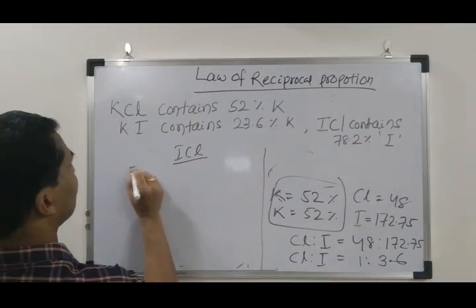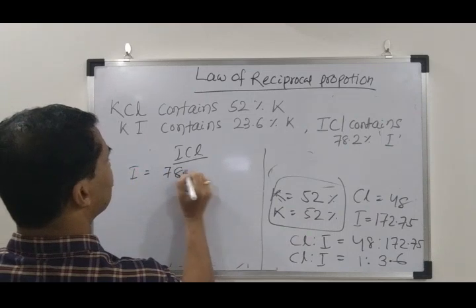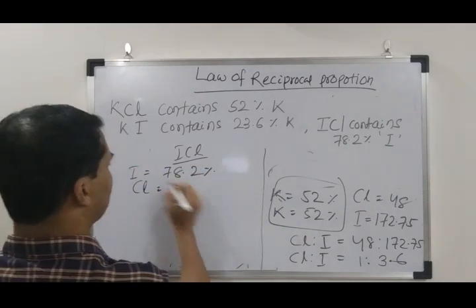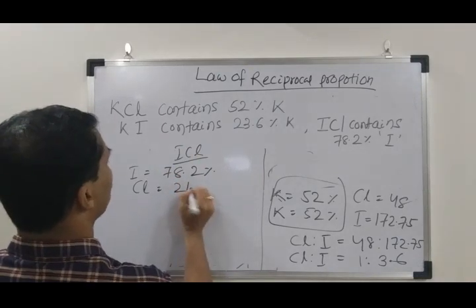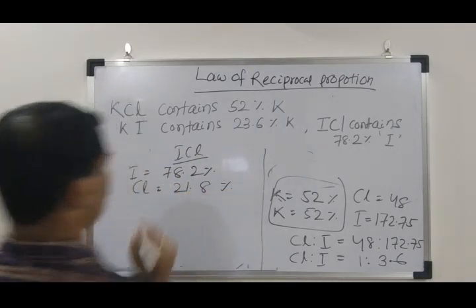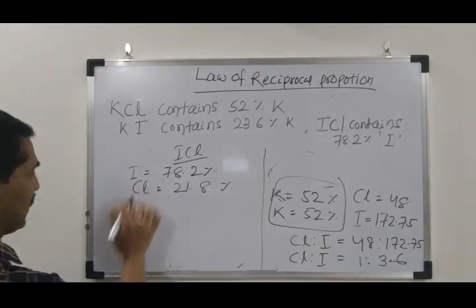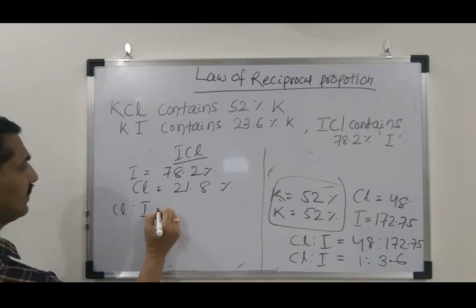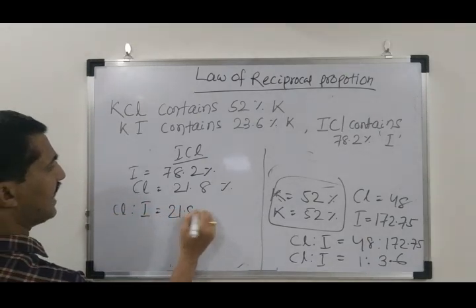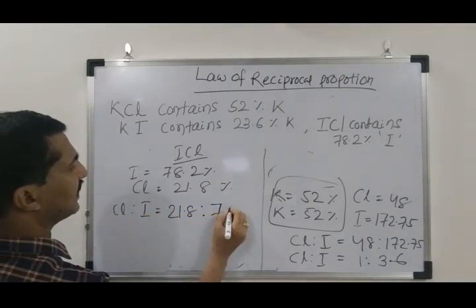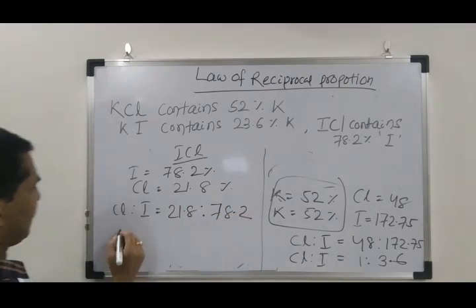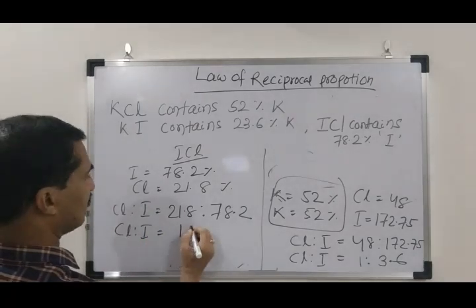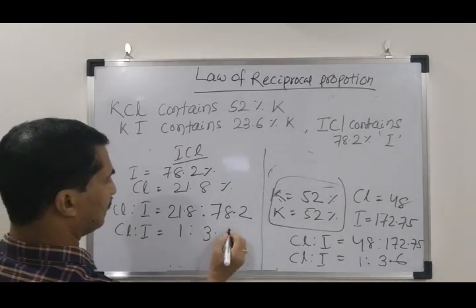The iodine content is 78.2%. If I subtract from 100, I get 21.8% chlorine. Now if we take the ratio of chlorine to iodine, 21.8 to 78.2, and simplify, I will get 1:3.6.